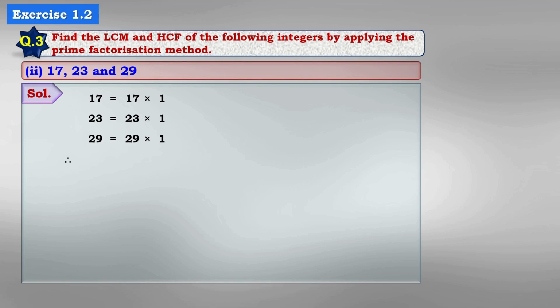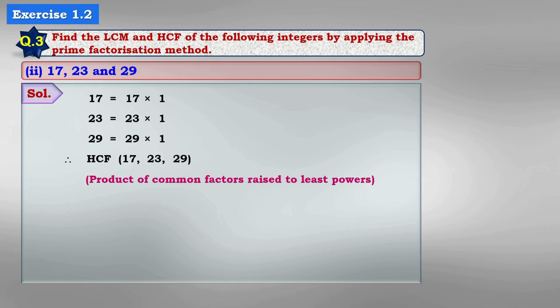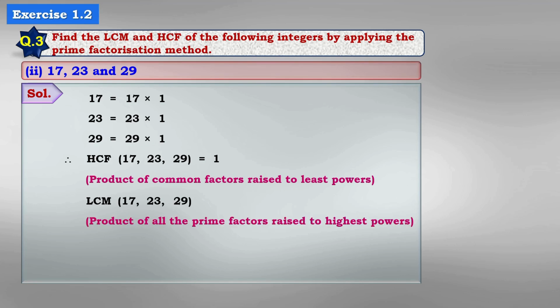So since in this case there are no common factors other than 1, the HCF will be only 1 over here. Because we know that the HCF is the common factors raised to the least powers. Now for LCM, we have to take all the prime factors raised to the highest power.